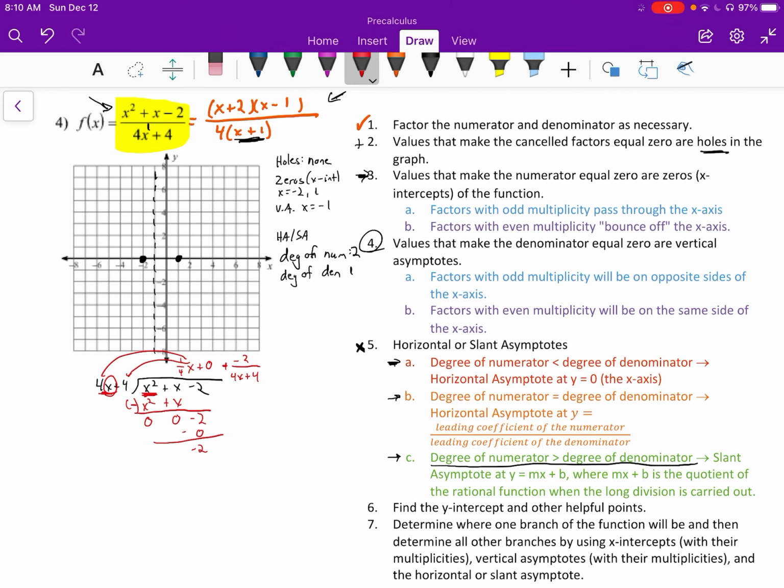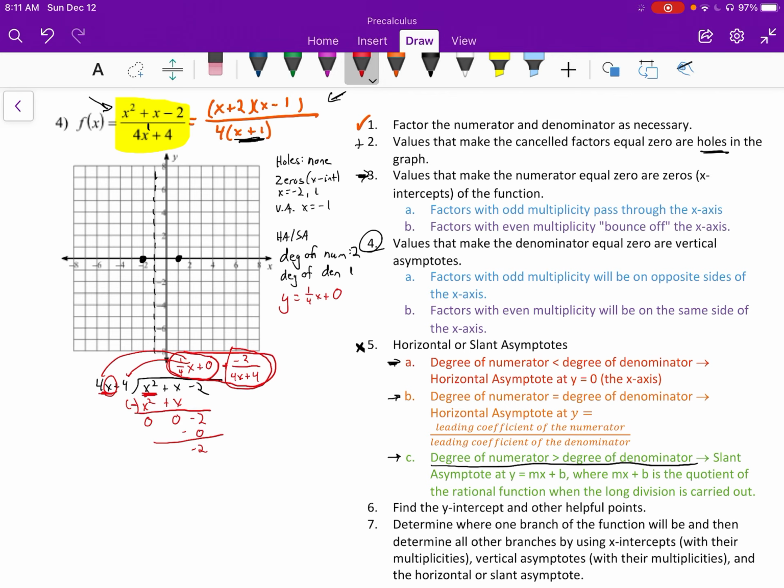Now what happens here is this is the quotient. This is our answer to the division problem. But we're just looking for this first part, mx plus b. So our slant asymptote is y equals 1/4 x plus 0.